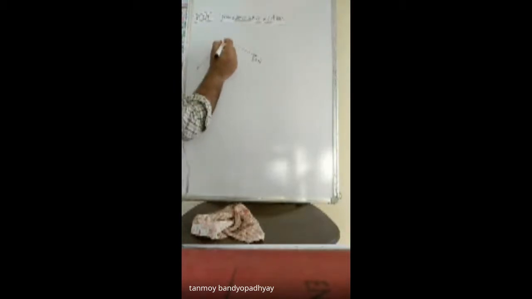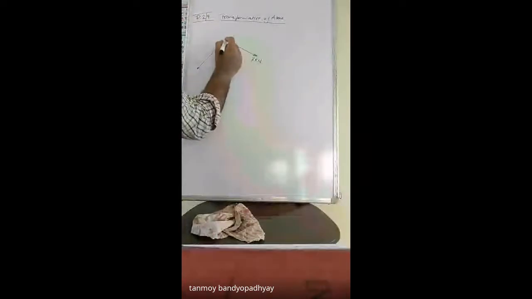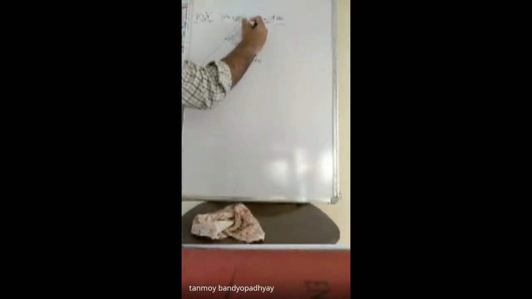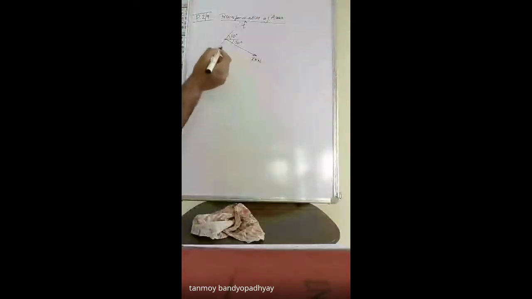This angle is 20 degree, and the inclination of this component is given to be 30 degree, so this total angle is 30 degree. We are assuming this direction to be the t cap direction, and Fn perpendicular to the beam. So perpendicular to the beam direction we are taking.